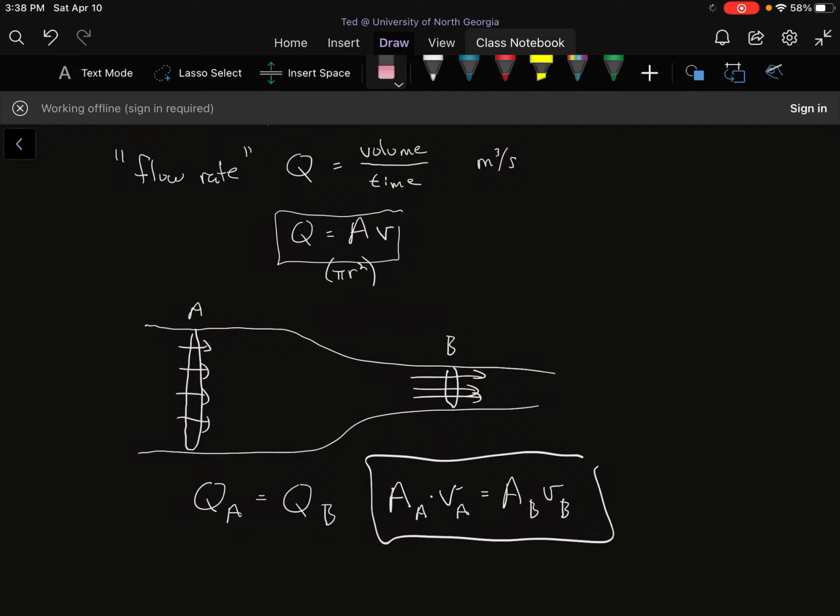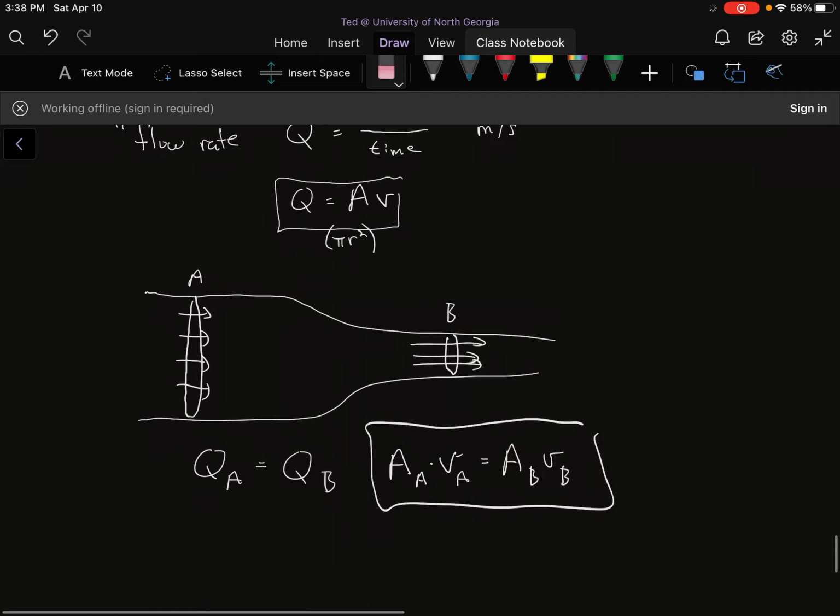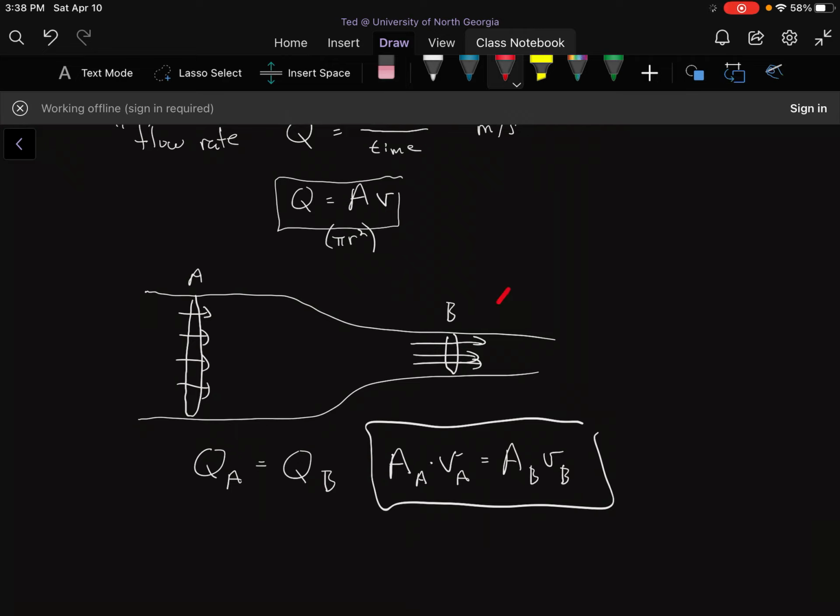So the flow in has to equal the flow out, which means area A, velocity A has to equal area B, velocity B. So if this area gets smaller, then the velocity has to get bigger. The water has to move faster.